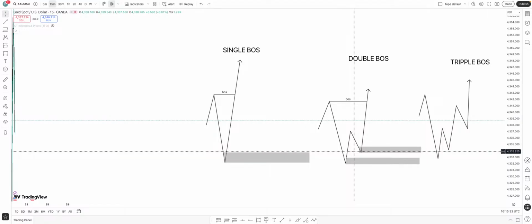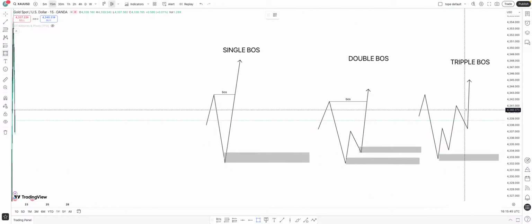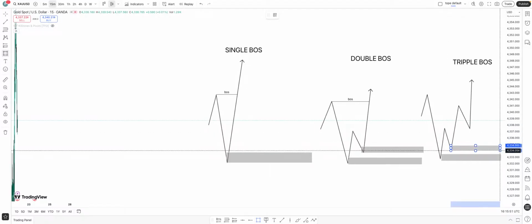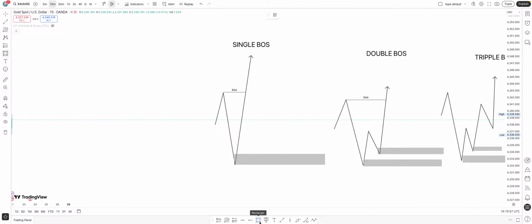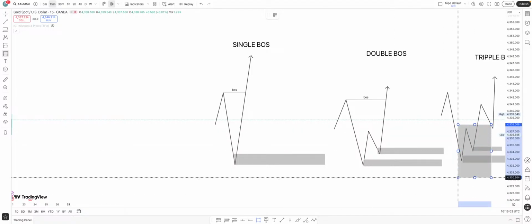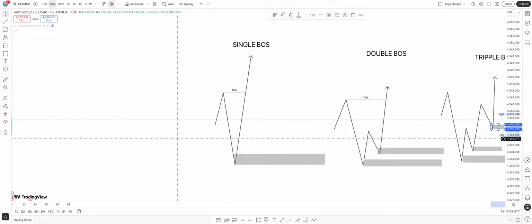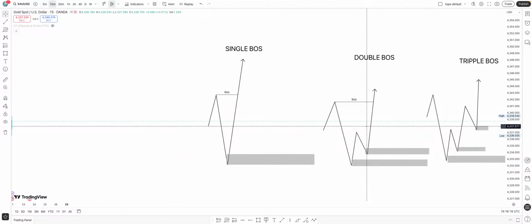If it's a triple leg, we have 3 legs and 3 points of interest. You get it. So do you guys clock that?